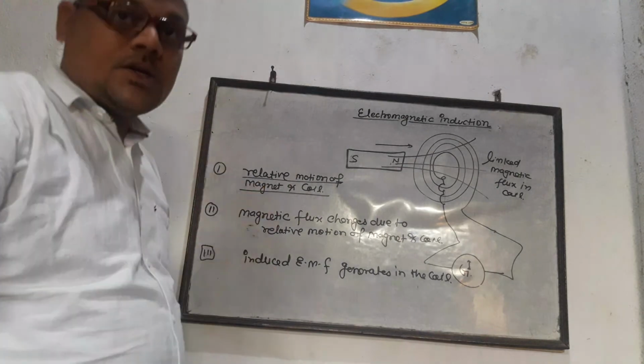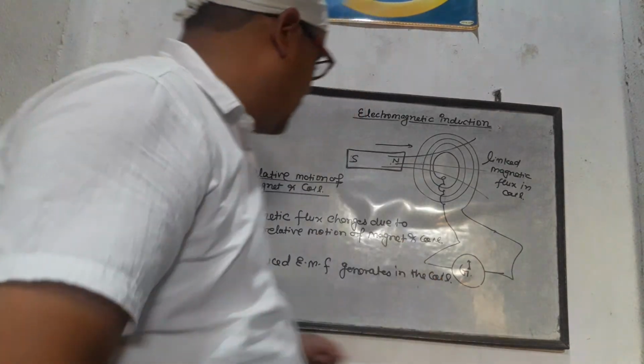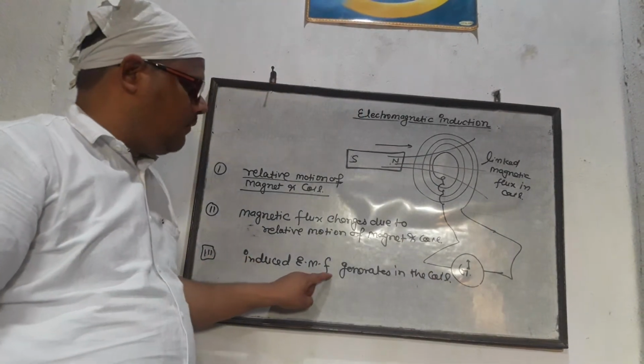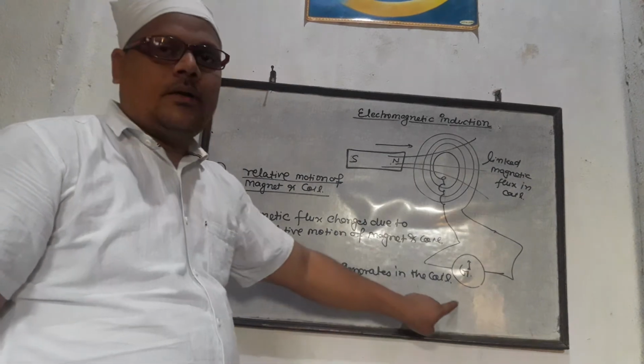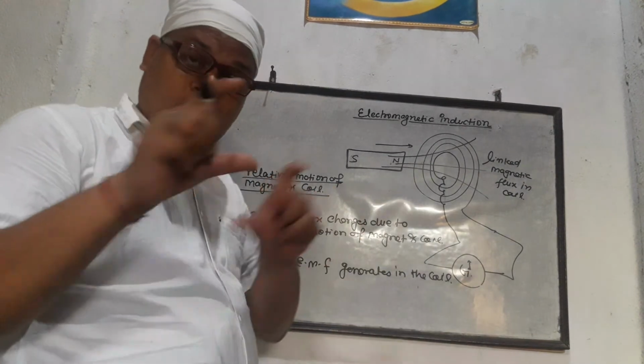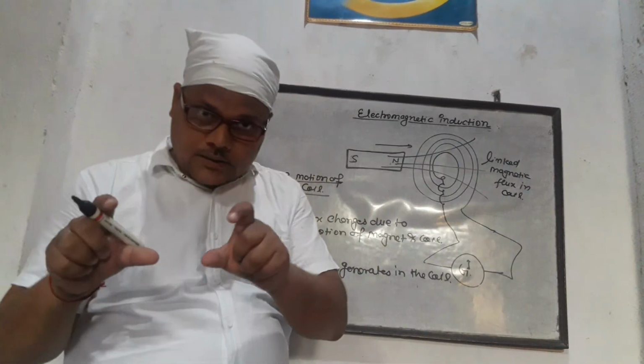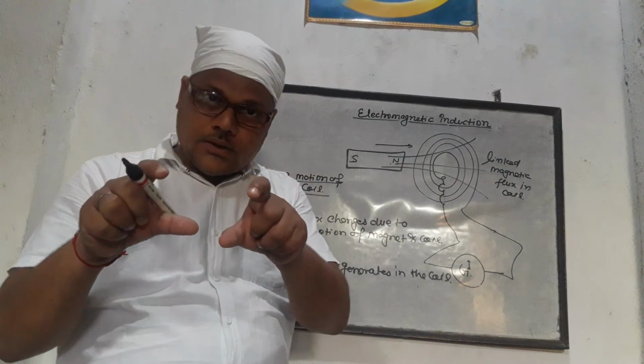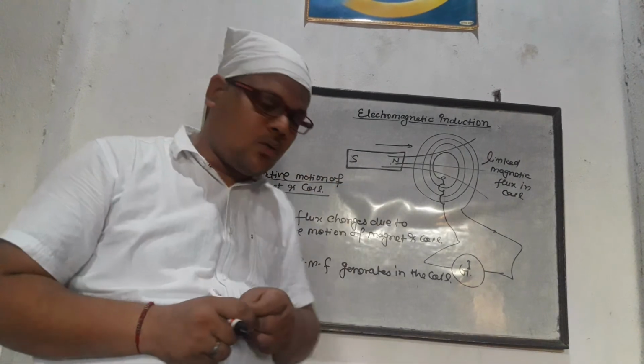It is the third step of electromagnetic induction. Induced electromotive force generates in the coil. It is generated due to the change of flux, and the change of flux is due to the relative motion of magnet and coil.